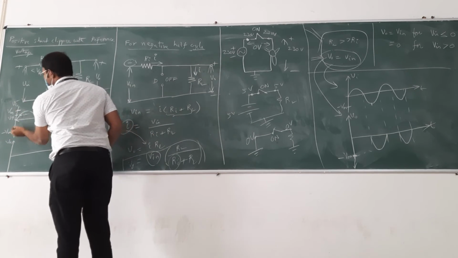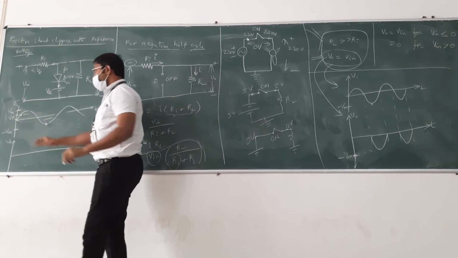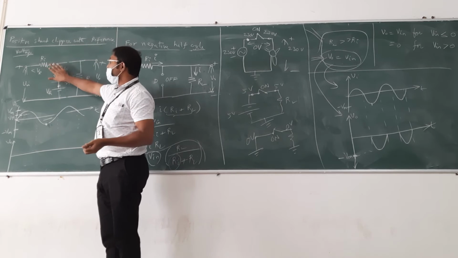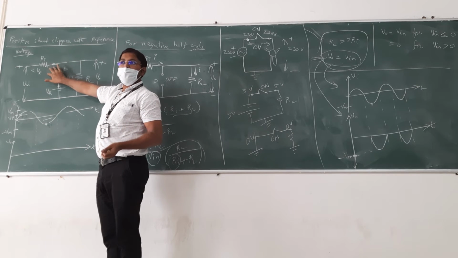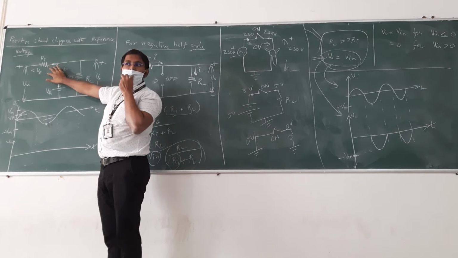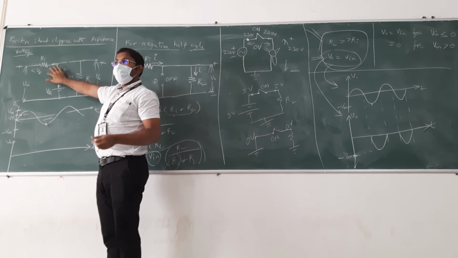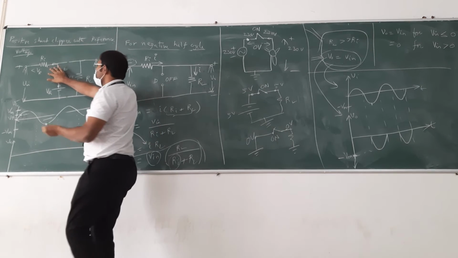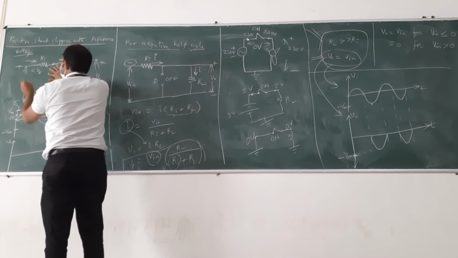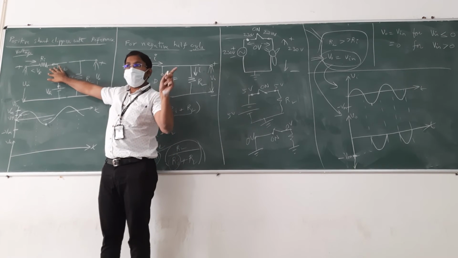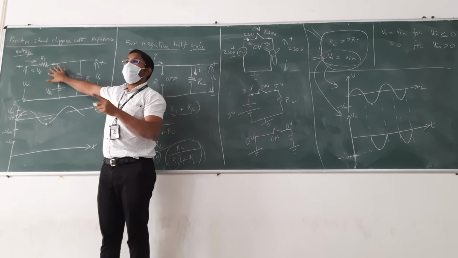So from here to here, the diode is off. Off means no connection. No connection here means what will be the current? Anybody? No connection. Current will be zero. Very good, because there is an open circuit.